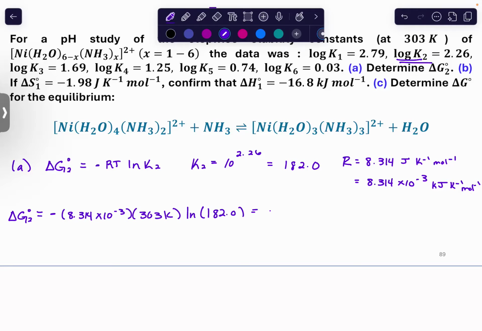We are going to get negative 13.1 kilojoules per mole. And if you did each one of these, you would notice that Gibbs energy becomes more and more positive, showing that the more of these amine ligands we add, the more unstable the molecule becomes. So it's another way to view the stability.